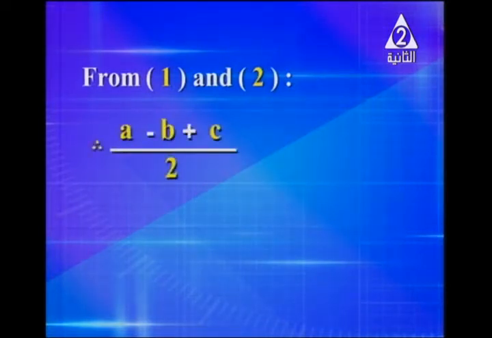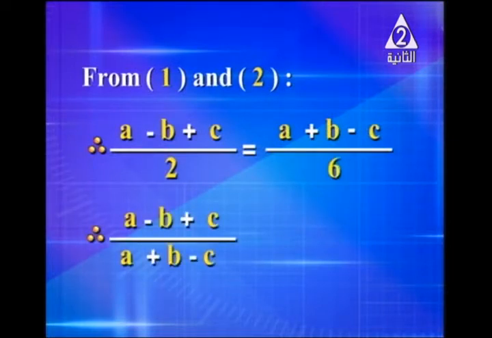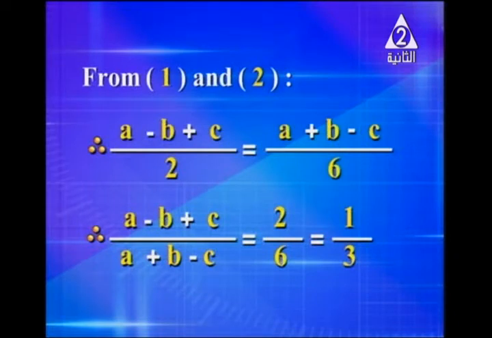From 1 and 2, (a − b + c)/2 = (a + b − c)/6. Therefore (a − b + c)/(a + b − c) = 2/6 = 1/3, one given ratio.